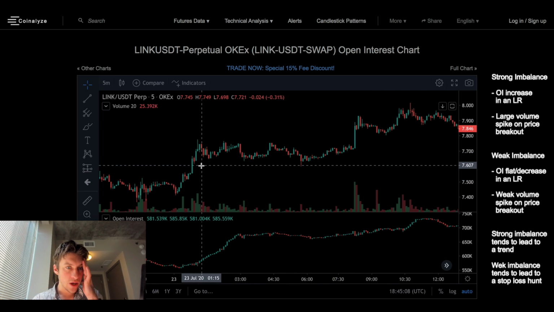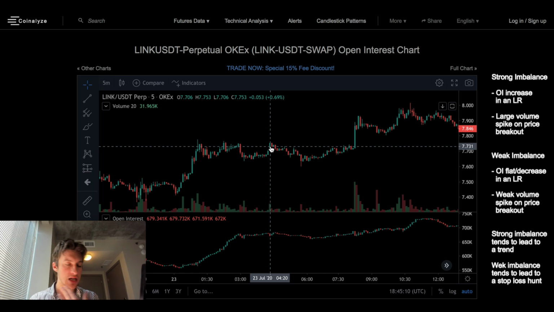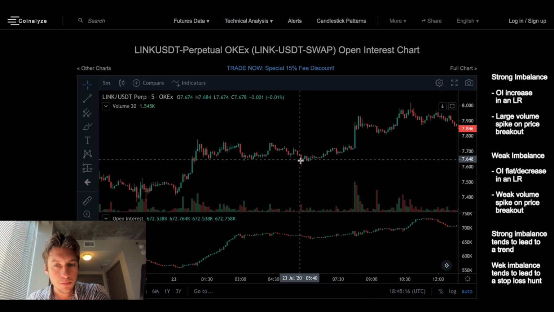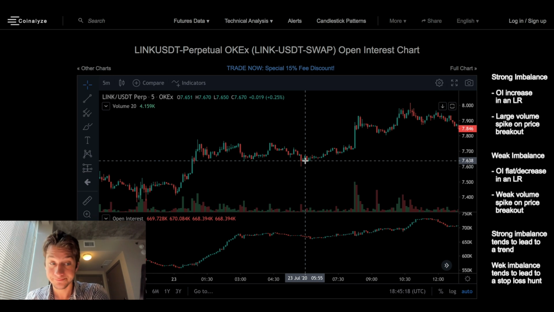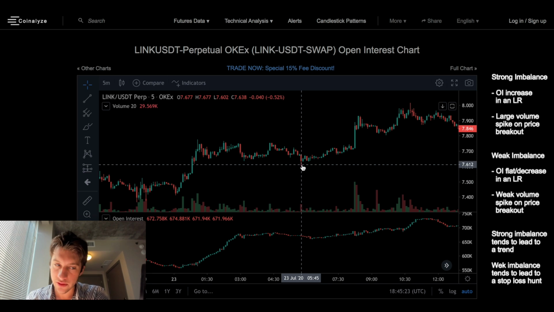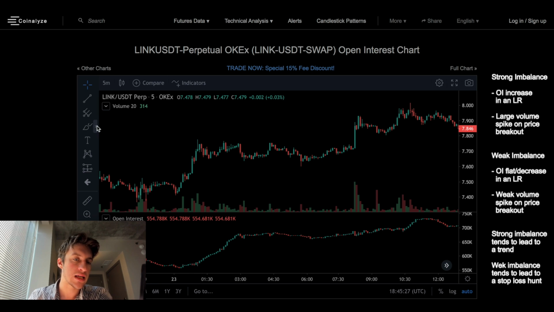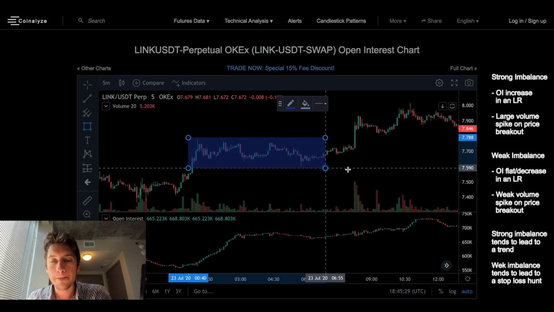You may say, well, wait, Bennett, this is a strong imbalance. Shouldn't any price move beyond the range just be a trapping move in the beginning of a downtrend or beginning of a trend? Well, yes, but there's no volume on this move. This would have to go a lot further down and would have to have a lot more volume for this to be known as a trapping move that traps everyone in here.